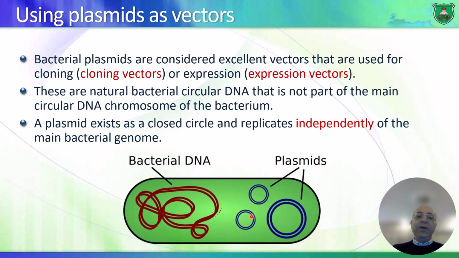That is, we can modify them so that they can do certain things. When we say modify them, we're talking about genetic engineering. That is, we engineer genes or pieces of DNA, such as plasmids. Okay, so that's what plasmids are.